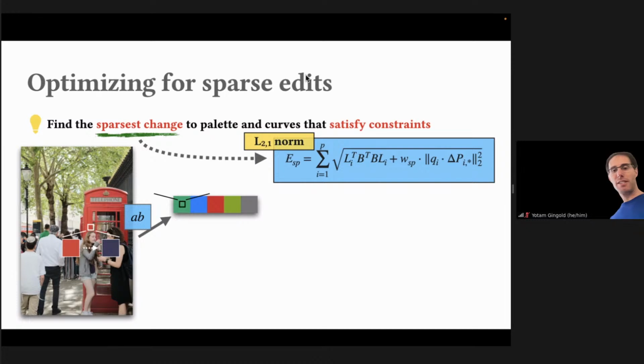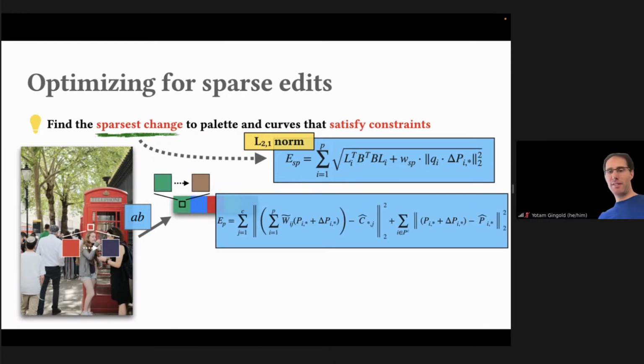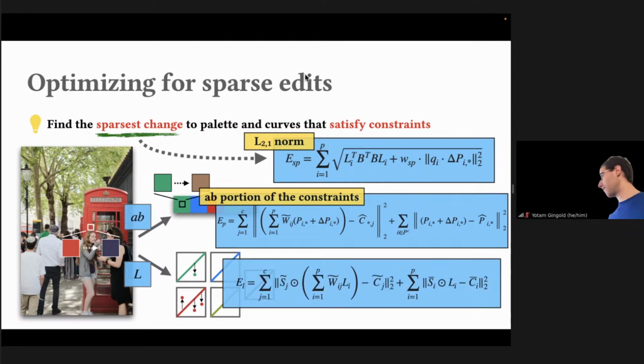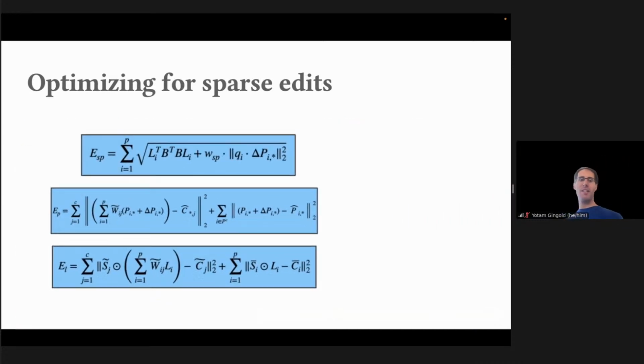We can express this as a constraint just on the colorfulness. This is just saying that the color should be the desired color. And we can do a similar thing for the lightness. And we can say, however, when you combine the lightness for this pixel with the weights, we also want that lightness to give us the right desired values.